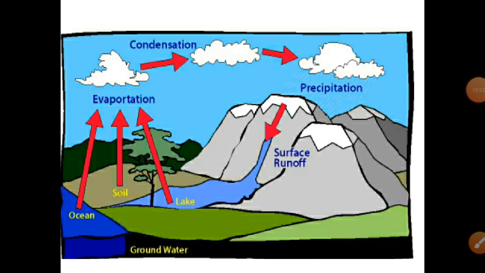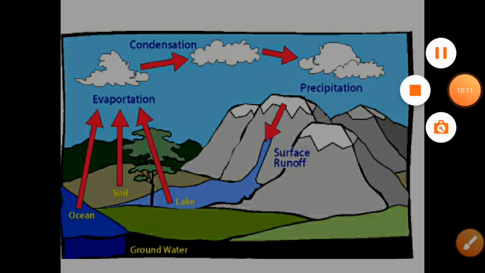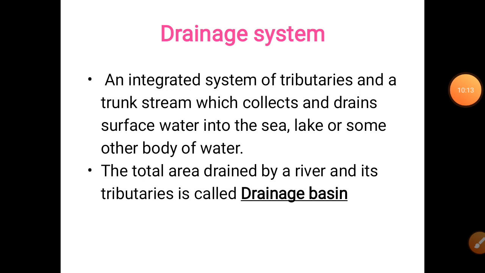See this picture. This part is called tributaries. The total area drained by a river and its tributaries is called the drainage basin.